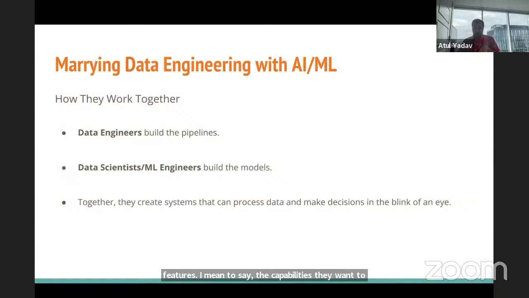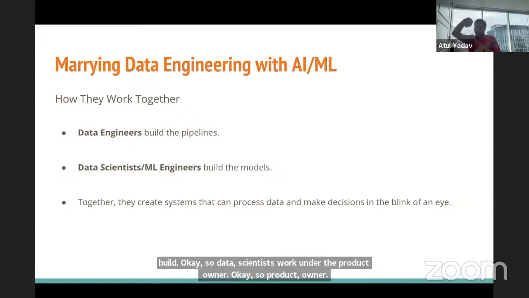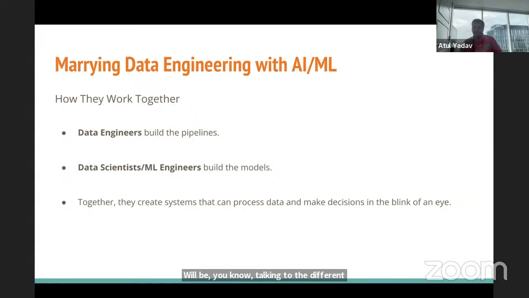So the product owner will be talking to the different stakeholders in the organization. They can be the business owners, the architects, the testers, the developers. I mean, by developers, I mean the development leads, the testing leads, the scrum masters, and the business owners, I mean the clients.